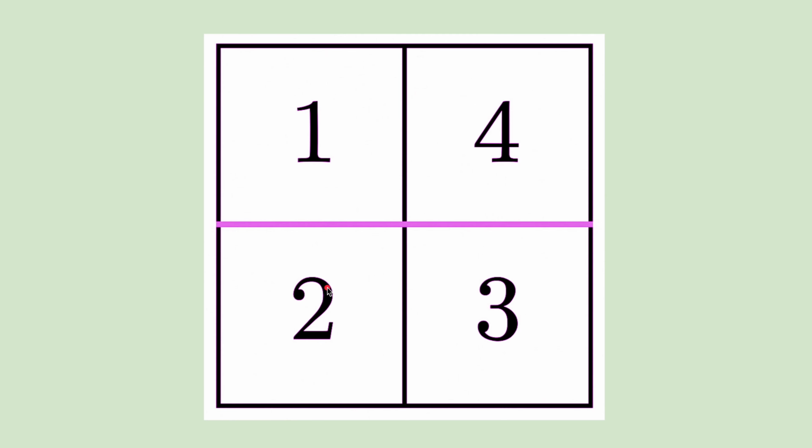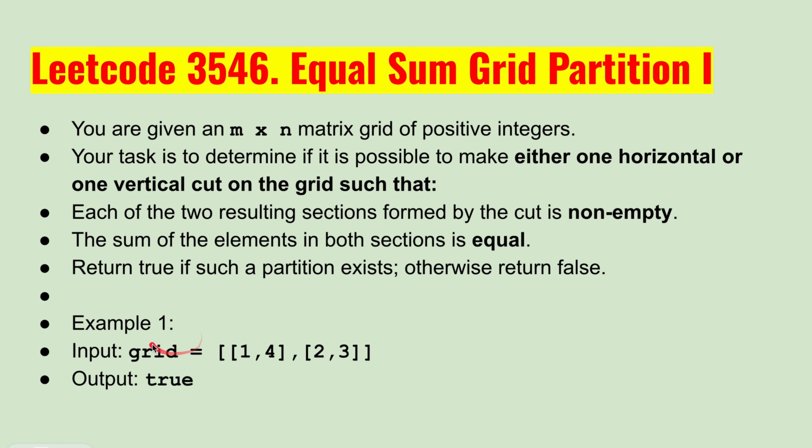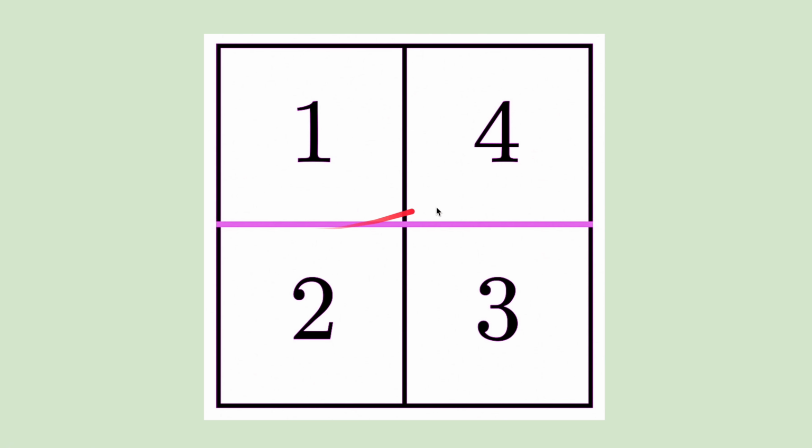If yes, return true. If not, return false. In this example we are returning true because we can cut in half, and the sum of this part and this part is equal. I hope you understand the given problem, right?